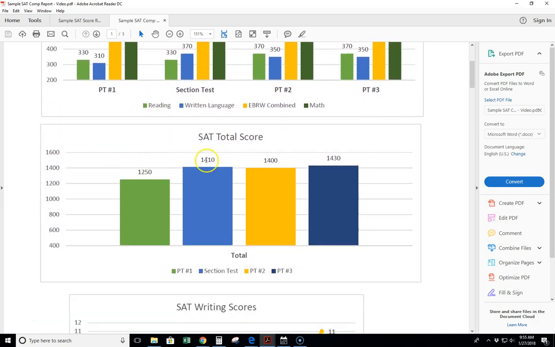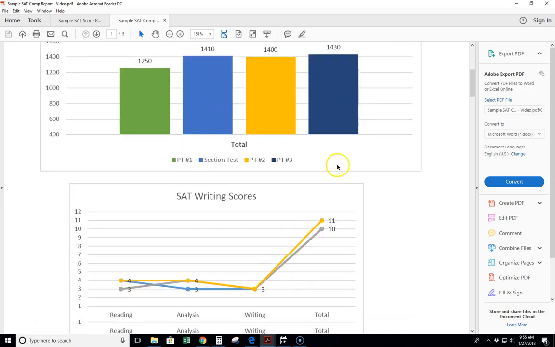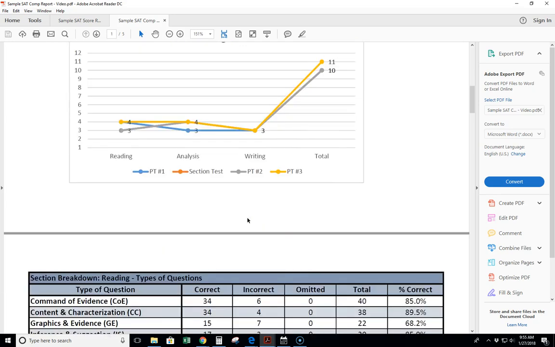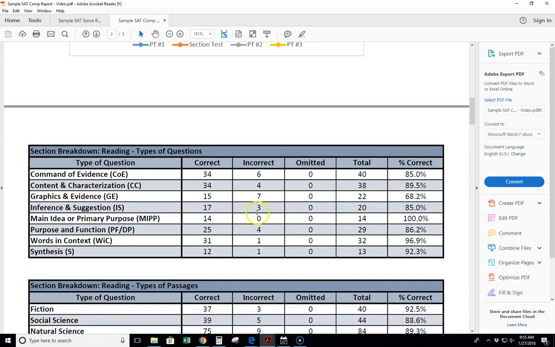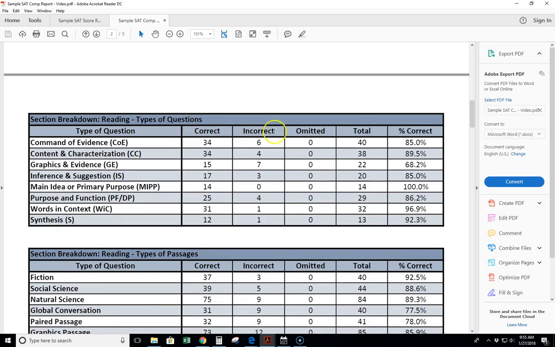You'll have the total score, and you can see how well the progression is happening. Same thing with writing scores, trying to better understand your progress within the writing. And then you will also see a breakdown as a cumulative over all the tests you're taking.